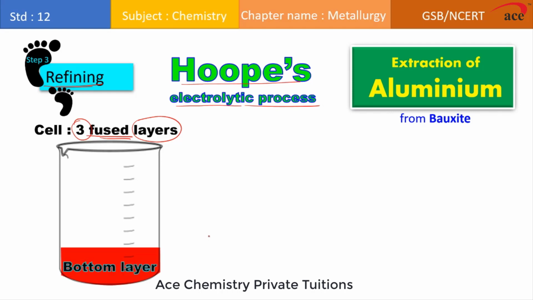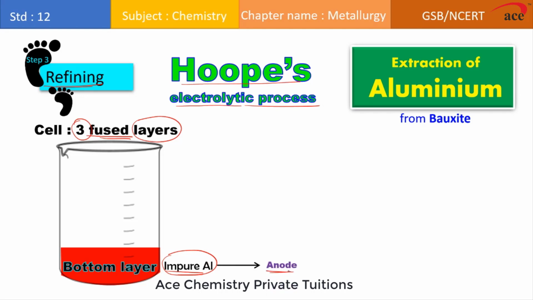The lowermost layer, or the layer forming the bottom of this electrolytic cell, consists of impure aluminium. Please remember, from the previous step, all impure aluminium is poured into this electrolytic cell.